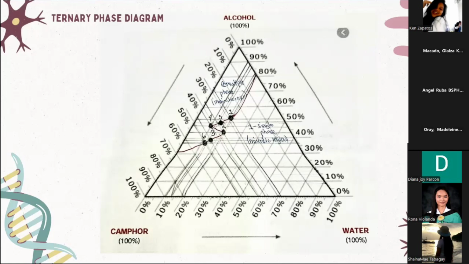For our system number 3, it is at 62% because our camphor is 48.8%, our alcohol is 39.53%, and our water is 11.63%.